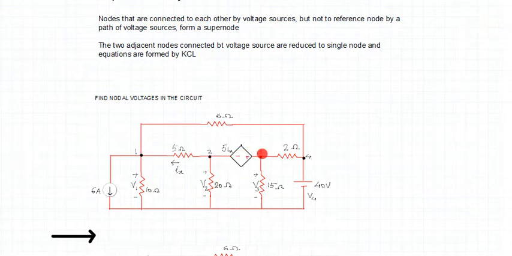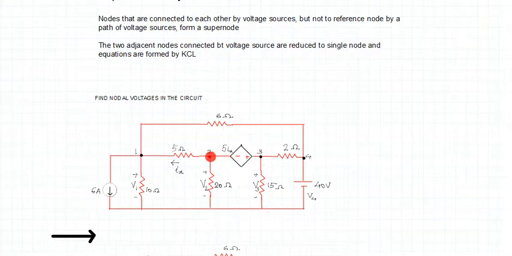The moment we identify the supernode, what do we need to do? We apply KCL together to this node. That is important. How do you solve supernode analysis? Once you identify the supernode, here the supernode is nodes 2 and 3, forming a supernode because there is a voltage source between them.